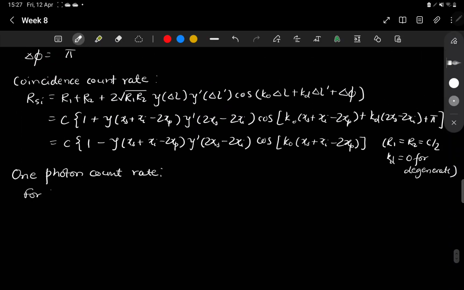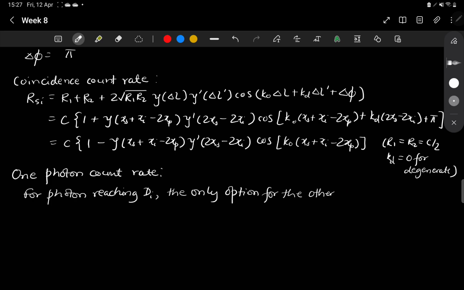So for a photon reaching detector di, the only option for the partner photon is to go to ds, and vice versa. That is for ds, the other option is di.